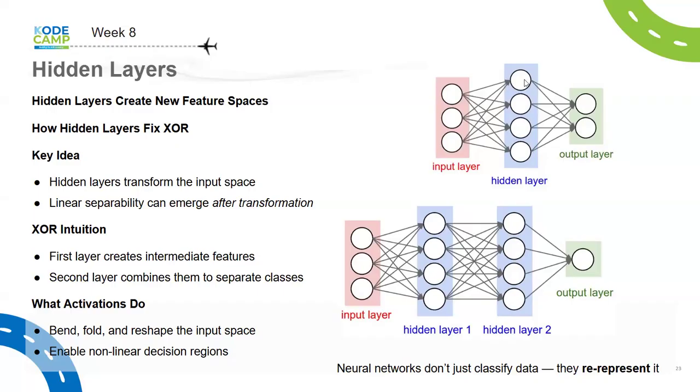So think of it as now feature engineering, except that you are not the one doing the feature engineering. You have a layer here. Let's say this one came with 3 features, right? X1, X2, X3, or eye color, hair color, and maybe height.